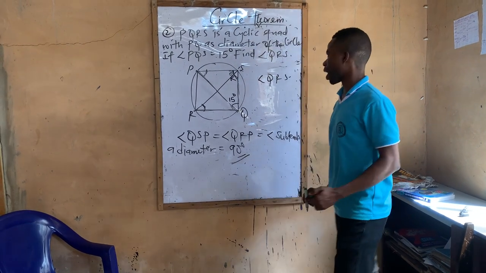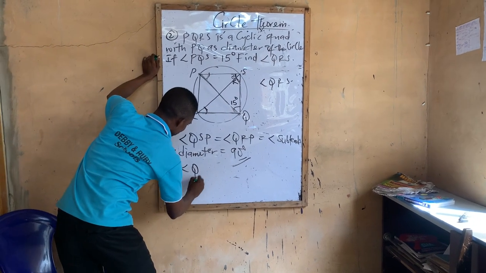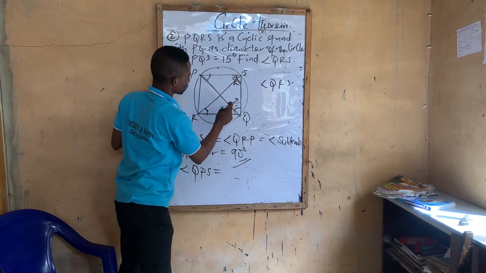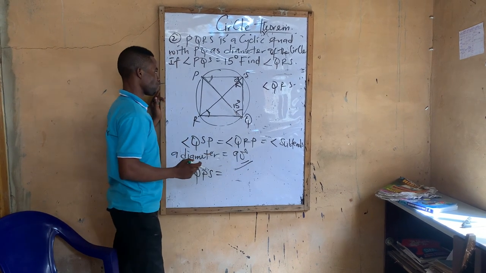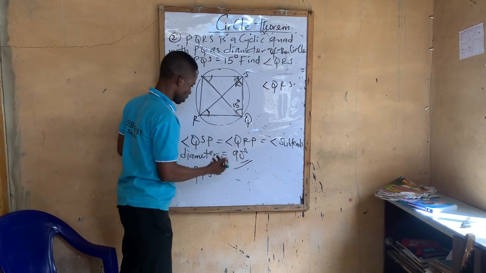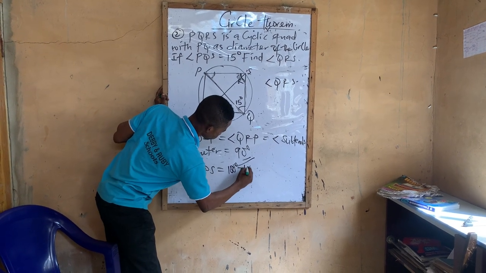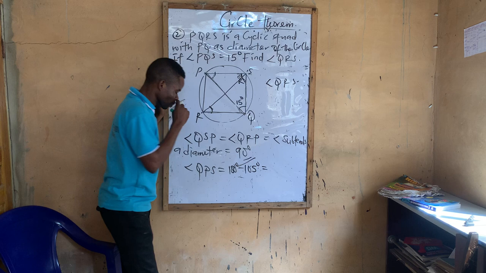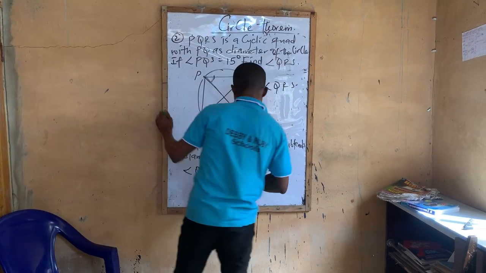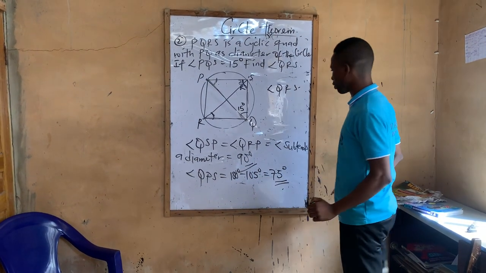Angle QPS: the other two angles are 90 and 15, that is 105, and because the sum of angles in a triangle is 180, that's 180 degrees minus 105 degrees. So that is 75. That means angle QPS here is 75 degrees.